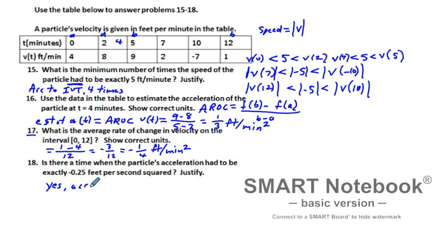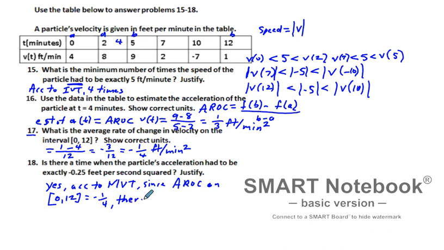According to MVT, mean value theorem, since a prime on interval of 0 to 12 is equal to negative 1/4, there has to be at least one time.